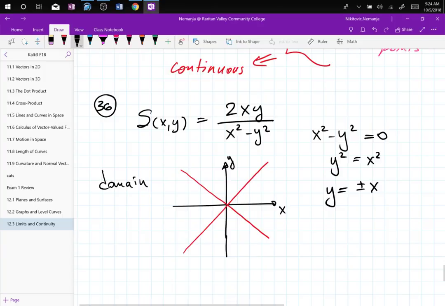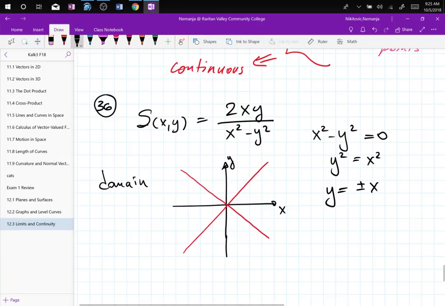You can check that by picking individual points and then running the three rules. You would see that any point you pick will ruin continuity because something within those three rules would break. So we were able to find in the domain the relationship between x and y, which says that along these lines, continuity should fail.